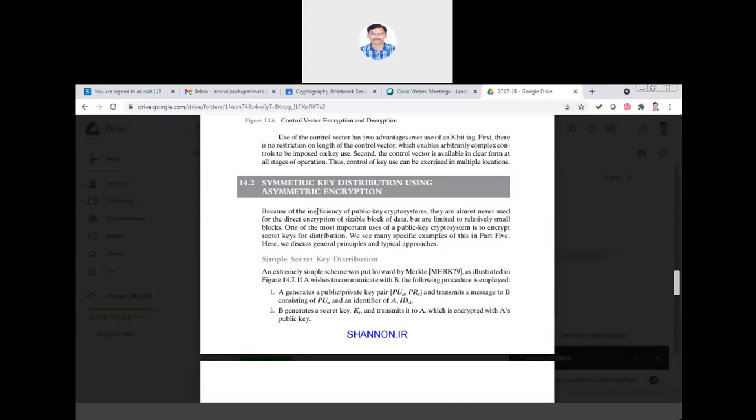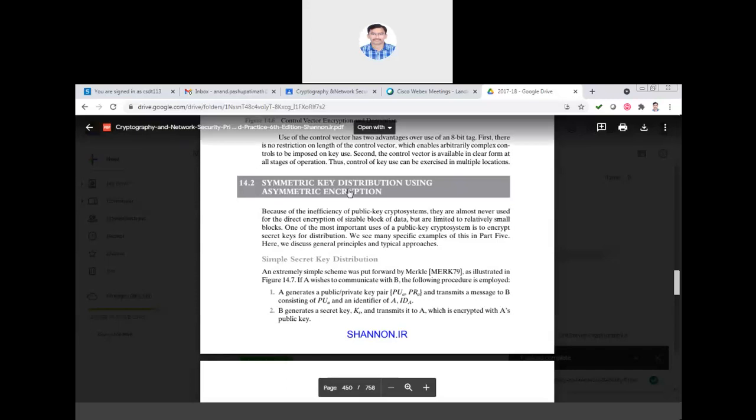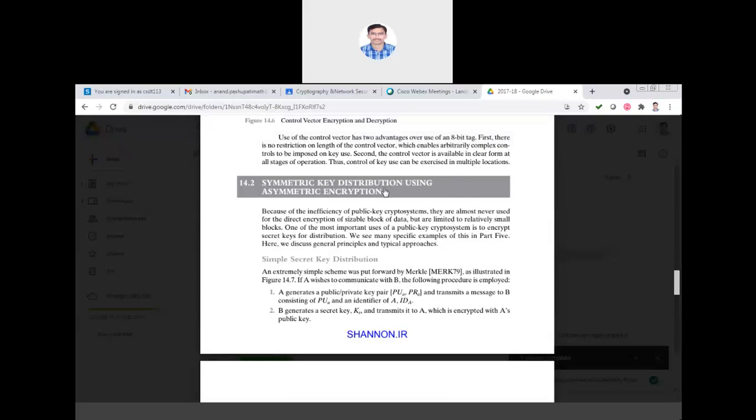Asymmetric takes two keys. Symmetric takes only one key. So whenever we are discussing asymmetric encryption, it deals with two keys. What are the two keys? Private and public. Now what is symmetric key distribution? In symmetric key distribution we are distributing only one key, but using a two-key technique.